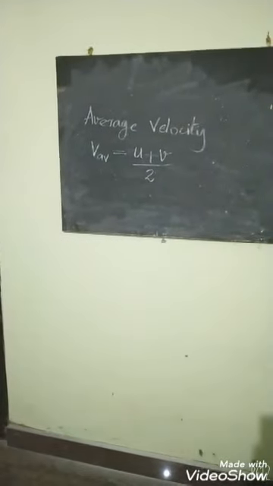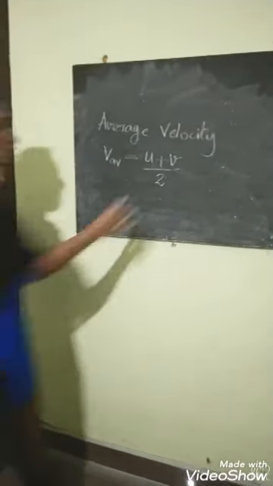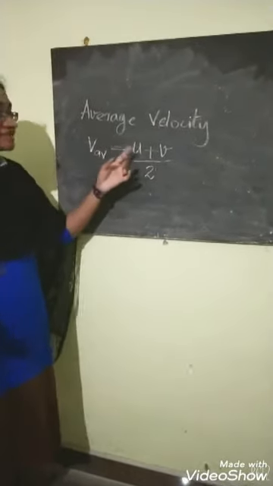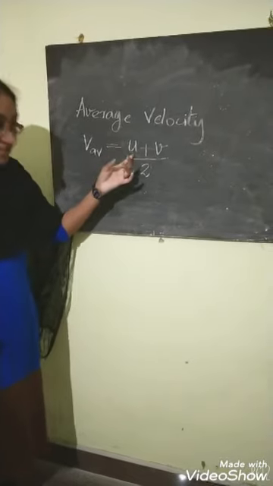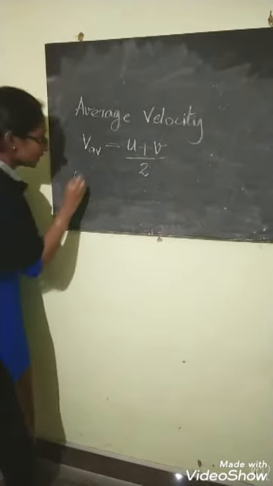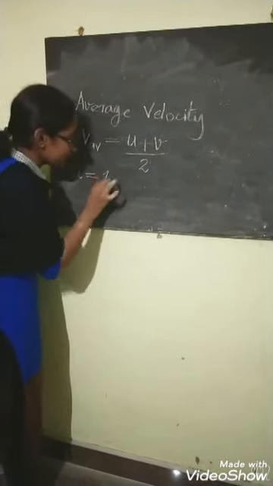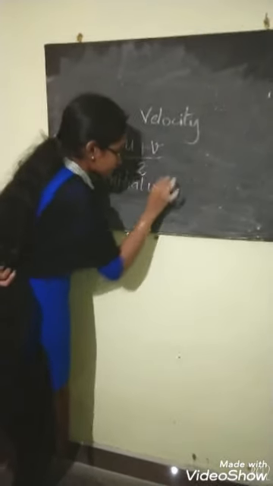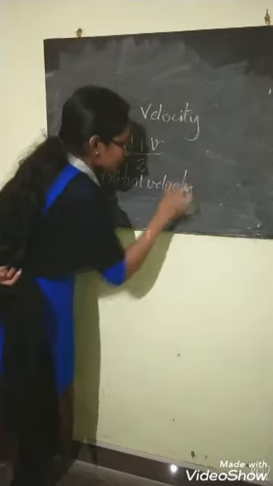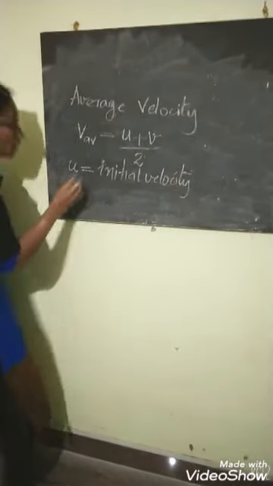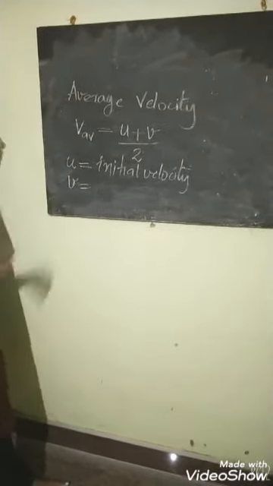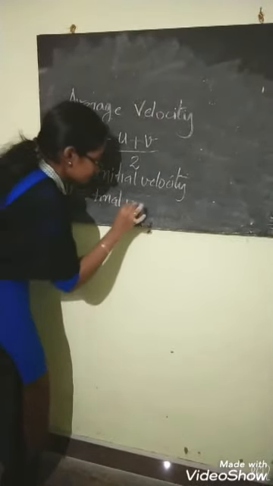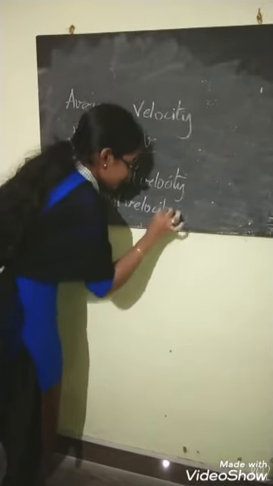I will explain what this u, small v and this 2 are. Now this u is the initial velocity. And v is the final velocity.